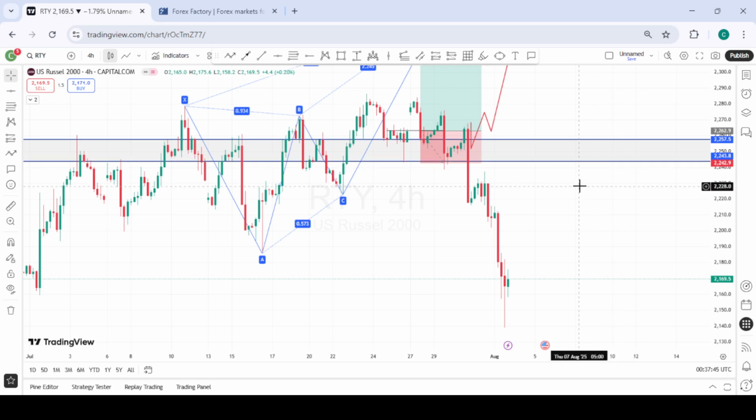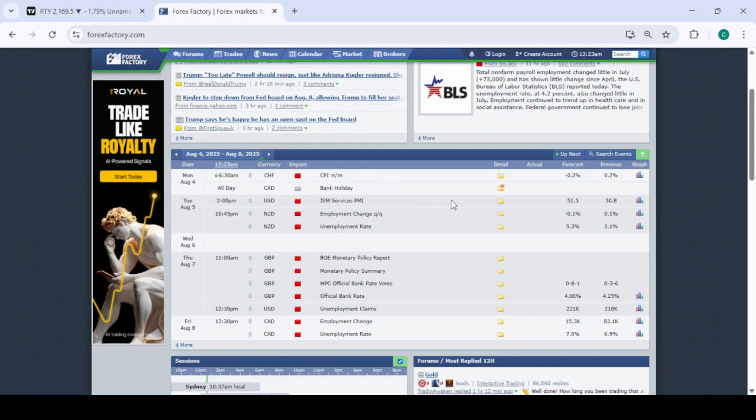So let's get into the business of the day, what we have for the coming week. So we are going to look at the economic calendar, and on Monday we have the Swiss franc, the CHFJPY, and on same Monday we have a Canadian bank holiday.